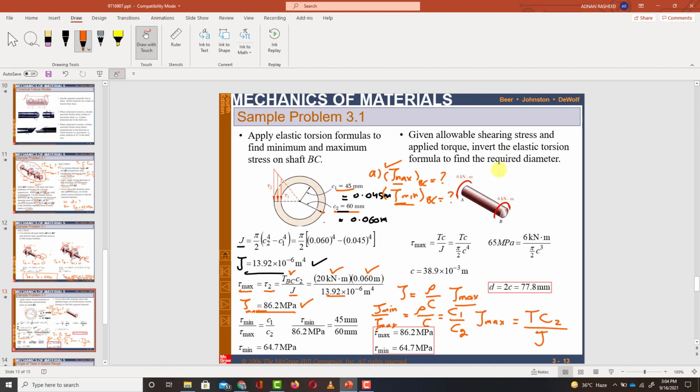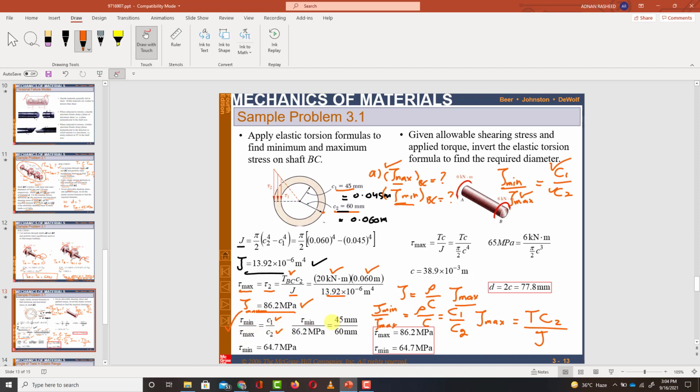So we get the equation tau minimum over tau maximum is equal to C1 over C2. Now you have C1, you have C2, and you have tau max. So put it in this formula, or this is also solved over here.